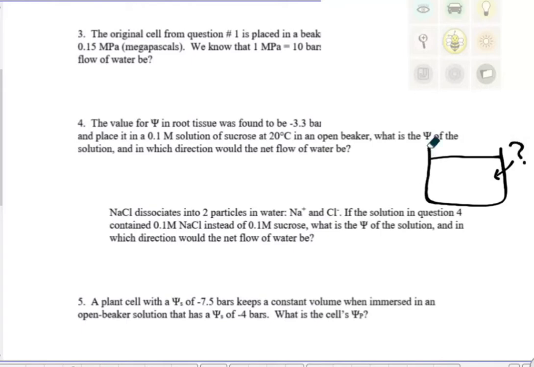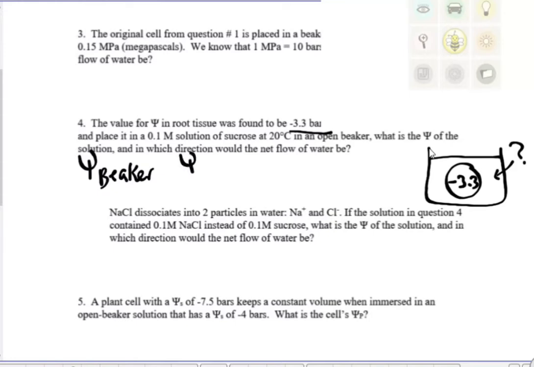Again, my suggestion to you is that you draw out a picture. Our solution is unknown and our root cells are negative 3.3. So I'm going to start by setting that up, and I've drawn a question mark here because my solution is unknown at this point. The water potential of this beaker is what we just calculated on the PowerPoint.